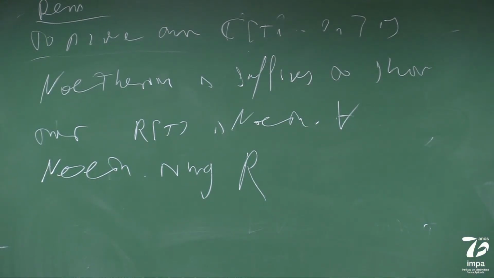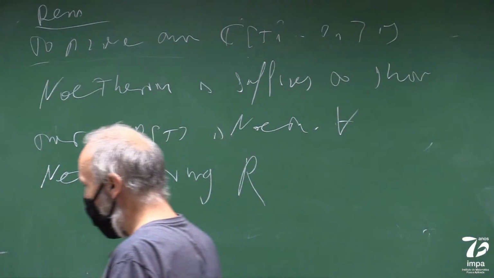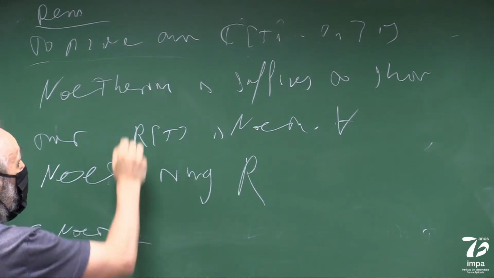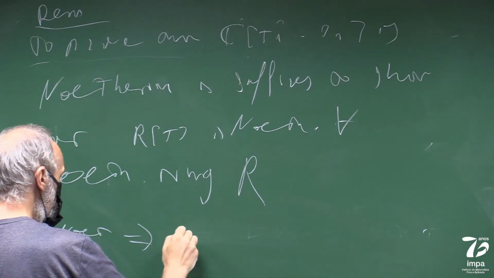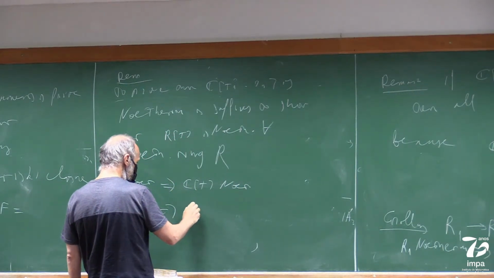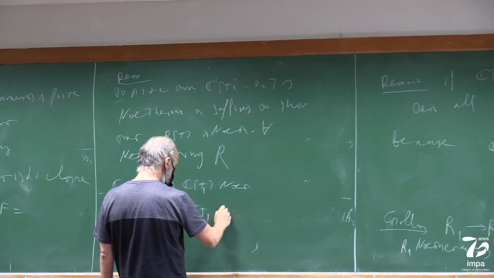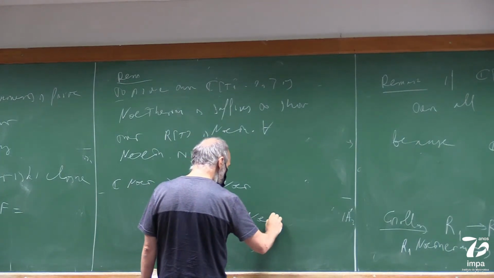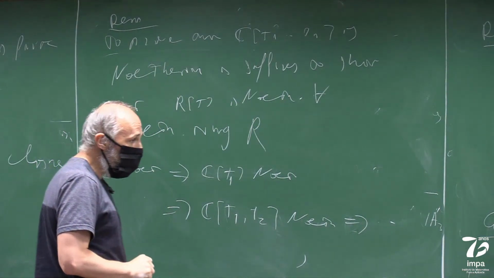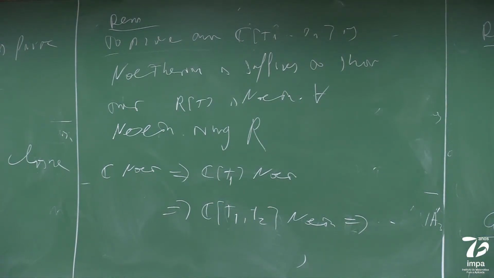The base field is clearly Noetherian, there are no nontrivial ideals. And then you just add t one by one. So you have C Noetherian, and by this implication C[t] is Noetherian. This implies then C[t1, t2] is Noetherian, and so on. So to prove the Hilbert Basis theorem, it suffices to show it for just a ring of polynomials of one variable.